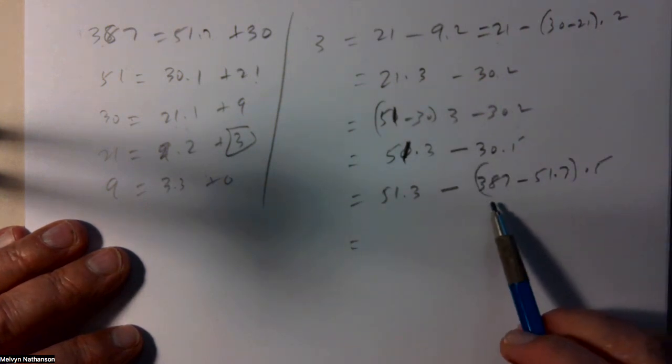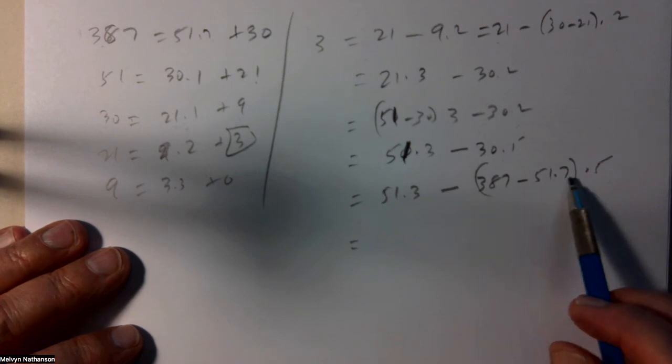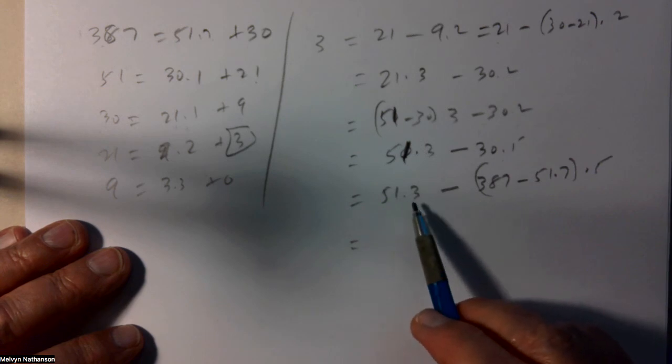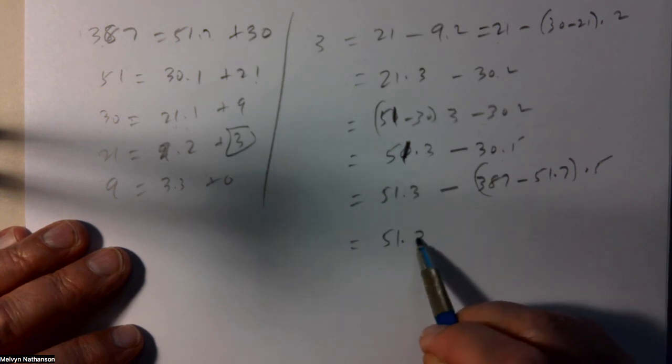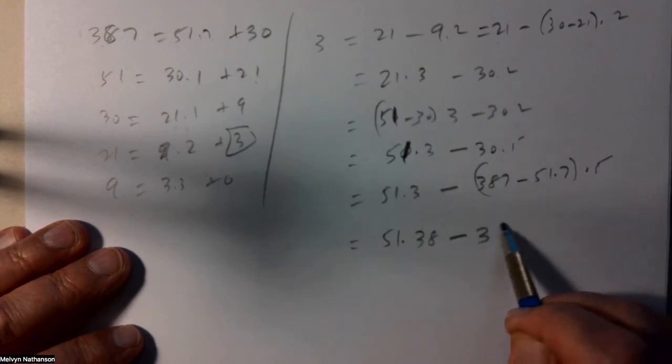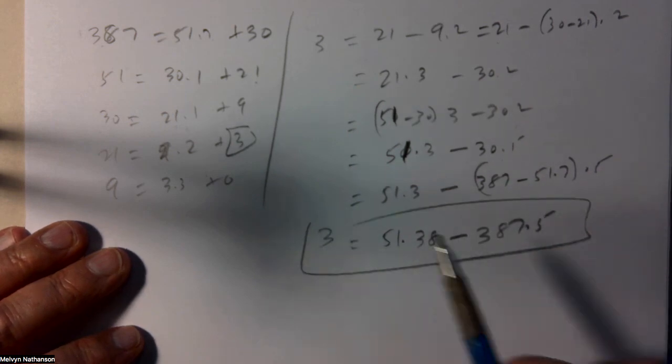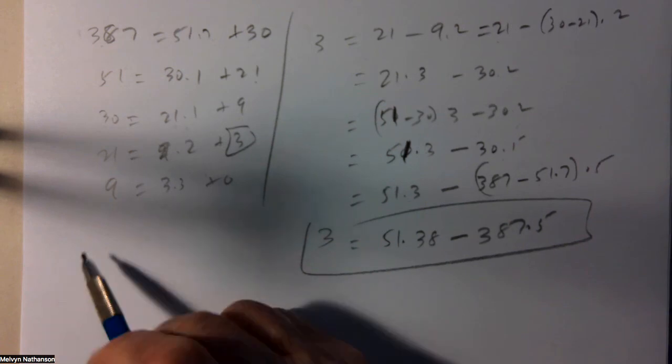So I have 35 plus 3, I have 51 times 38 minus 387 times 5, and that's supposed to equal 3.